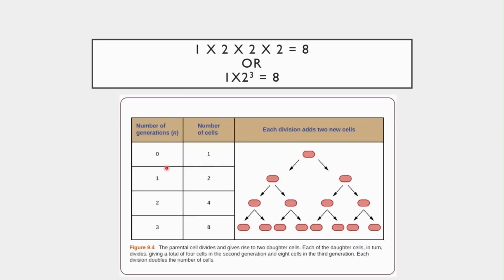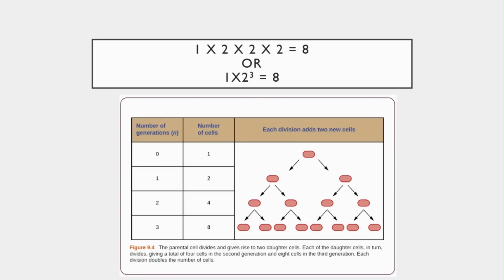So we can have 1, 2, 3 generations, and this means we take our founding number of cells times it by 2, by 2, by 2, 3 different doublings. This tells us how many cells we have. 1 times 2 times 2 times 2 equals 8. Another way to write this is with exponents. So 1 times 2 to the third, which also equals 8.